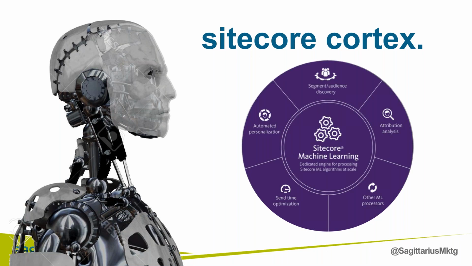So it really is future gazing, the opportunity that Sitecore enables moving forwards. And towards the end of the webinar, I will touch very briefly on an event that we have coming up in June, which will discuss Sitecore Cortex in more detail.